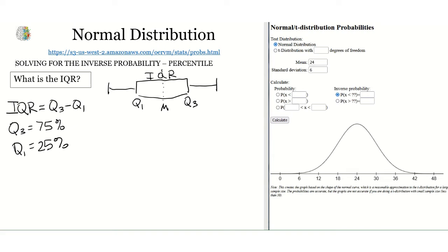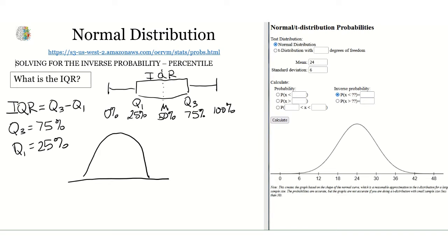If you'll remember, this is 25%, 50% is our median or middle point, 75%, and our outer edges are 100% and 0%. So when we're solving for the interquartile range, for any other distribution, we're going to do the same setup. We're looking for the middle 50%.